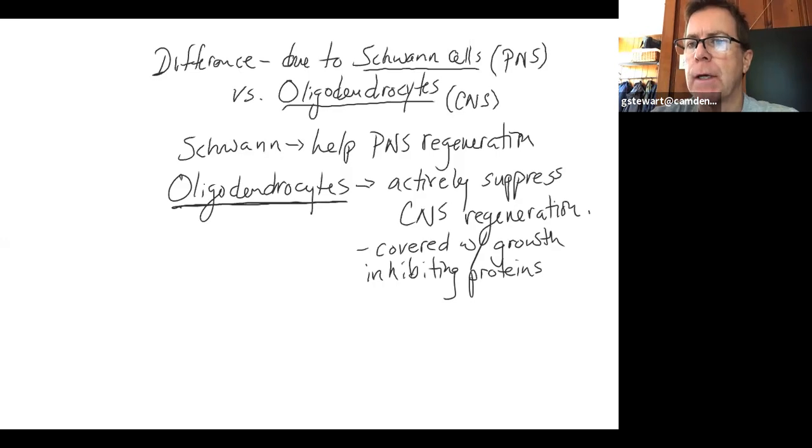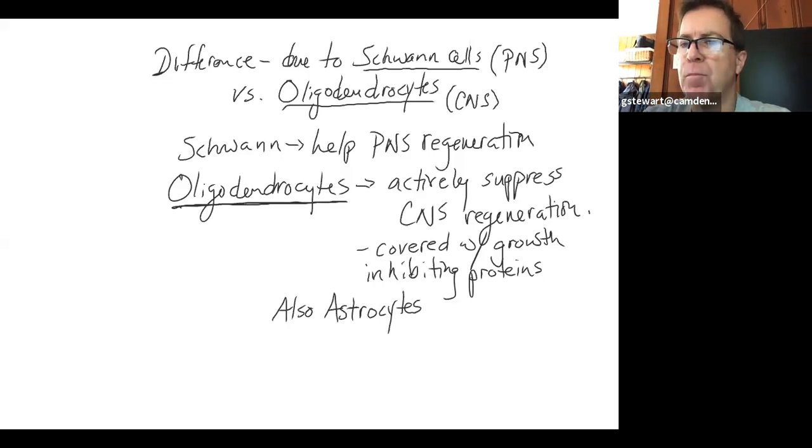Also astrocytes in the CNS. Remember that neuroglial class of cells, astrocytes, those star-shaped cells in the central nervous system, they're the most common. And they perform so many functions structurally and all sorts of things, but when there's damage in the central nervous system, astrocytes quickly form scar tissue, which doesn't help regeneration of new neurons.